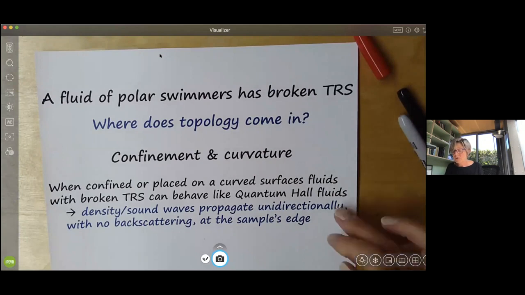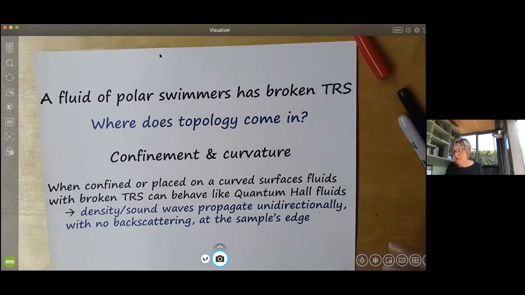What you can show is that in this case, this fluid with broken time reversal symmetry behaves like quantum Hall fluids, in the sense that not only do they support sound waves, which is what I just told you, but the sound waves become what are known as topologically protected modes, meaning they can propagate unidirectionally without backscattering, meaning without being disturbed by disorder at the sample edge.